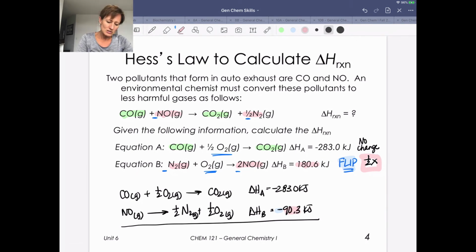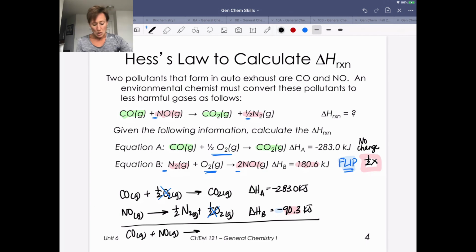So the last part to work here is just to add up our equations. Okay? Remembering anything that appears on both sides of the equation we can cancel. So I've got 1/2 O2 on each side, so I can cancel that out. And I'm going to keep everything that was a reactant still being a reactant, so CO gas plus NO gas.